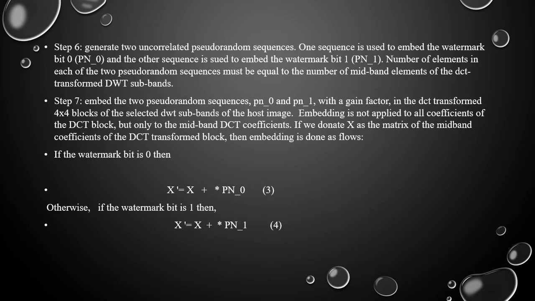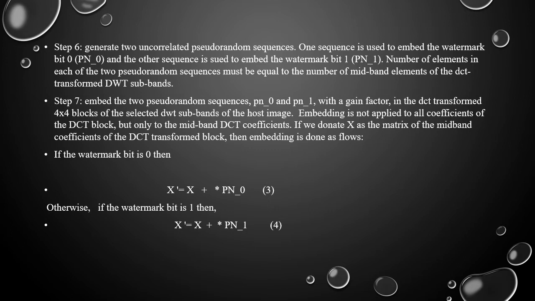Continuing to the sixth step, after generating the watermark, generate 2 uncorrelated pseudo-random sequences. One sequence is used to embed the watermark bit of 0 and the other is used to embed the watermark bit of 1. If the watermark bit is 0, we represent it as Pn0.